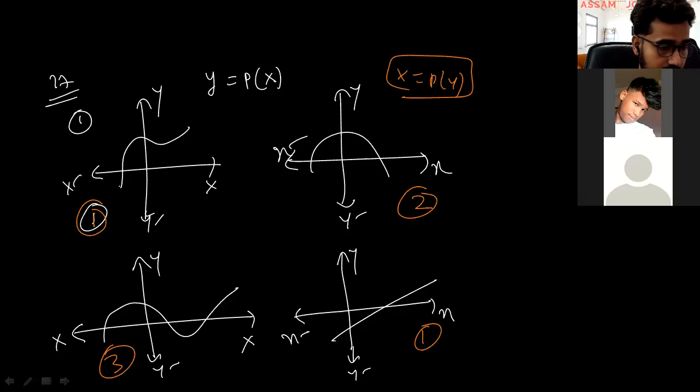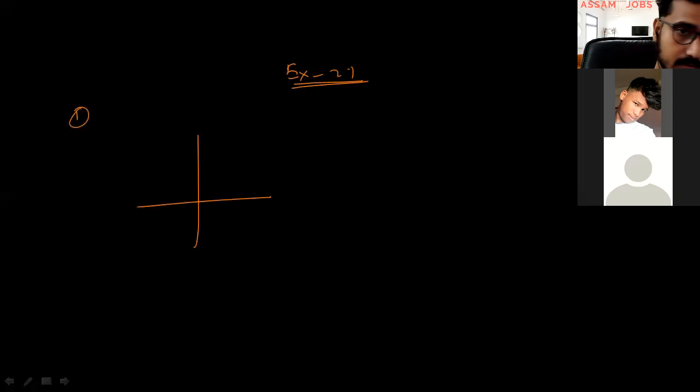Now write down the next topic. See the page number. Exercise 2.1. So tell me the answer. Question 1: how many solutions? 0. Yes, 0.